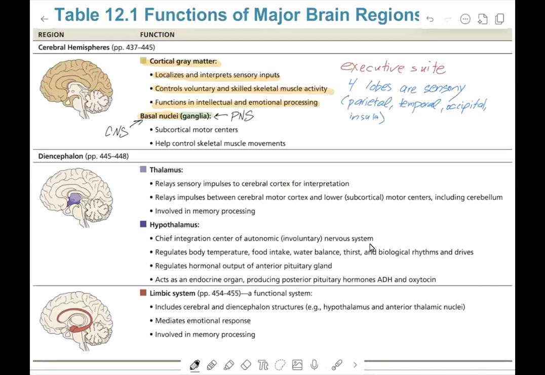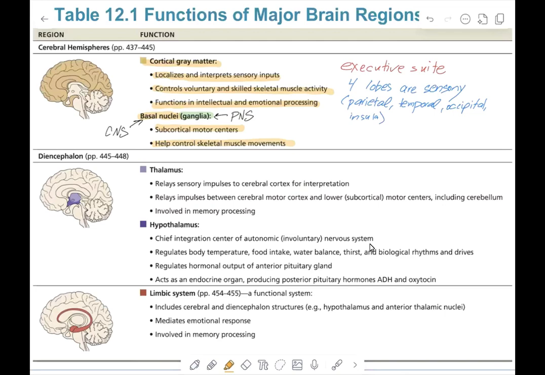So to prevent making things confusing for you, we're going to refer to basal ganglia in our next chapter. These specific basal nuclei are subcortical motor systems, and they help to control skeletal movements. Remember, they can help to start and stop movements, fine-tune movements.